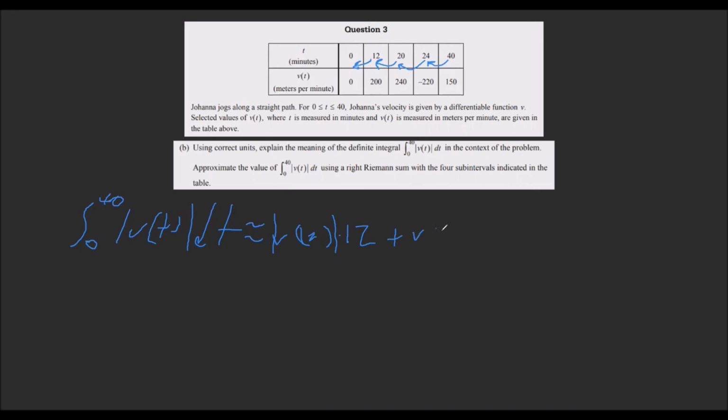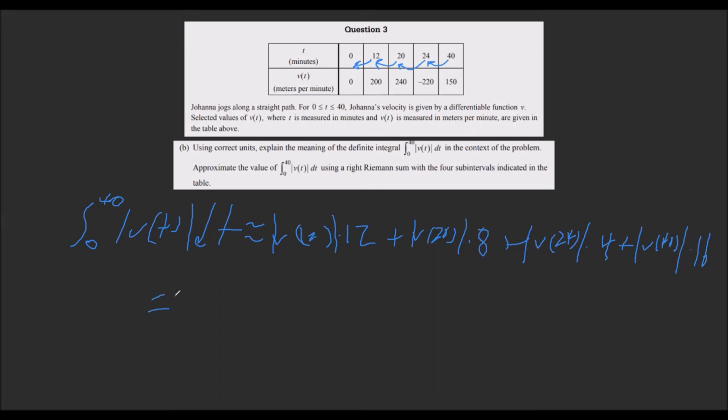Plus absolute value of v of 20 times 8. Plus absolute value of v of 24 times 4, plus absolute value of v of 40 times 16.